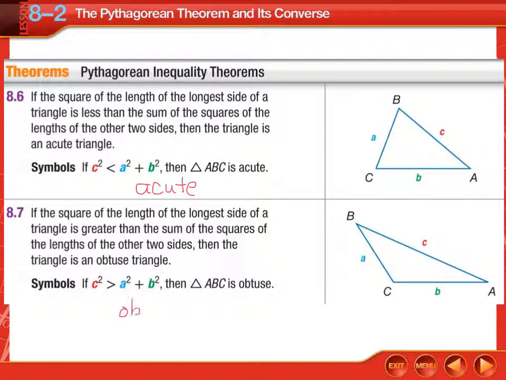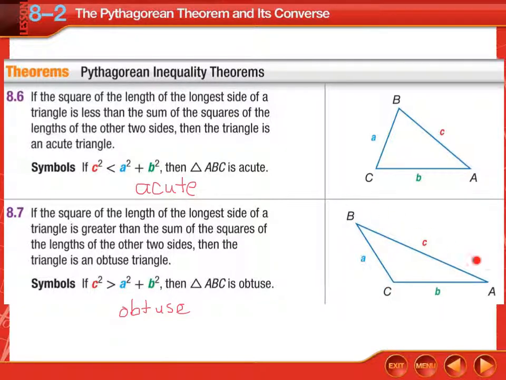Now on the surface, it looks like this is going to be memorization, but if you think about it in a logical manner, if C squared is bigger than the sum of the other two squared sides, then that angle across it must be big.